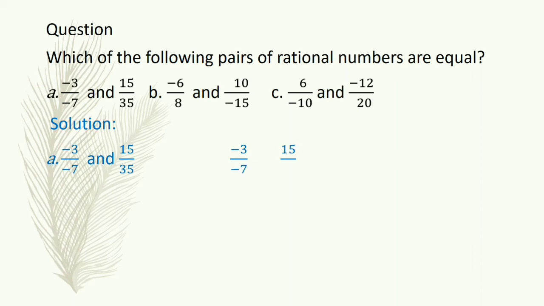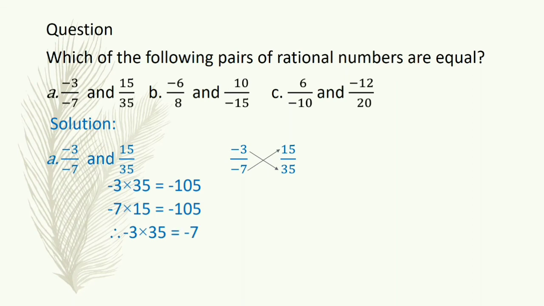So in the first question, we multiply minus 3 with 35 and minus 7 with 15. Minus 3 into 35 gives minus 105. Minus 7 into 15 also gives minus 105. Therefore, these products are equal, and we can say that the given rational numbers are equal.